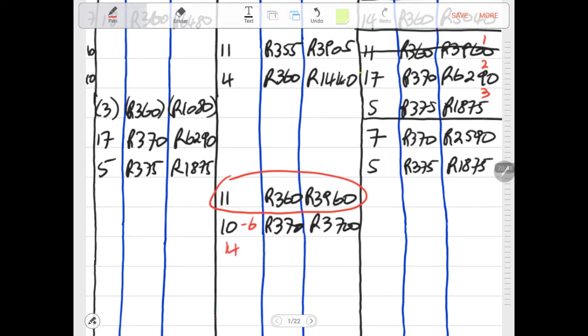So now we always return also in that order, unless it is clearly specified or stated that we returned 4 units from the 11. If they said 4 units from the 11, then you need to make sure that you return from the 11. But if they don't mention that it is from the 11, then you must take from the 10 which was issued last, because that will be the one that they use last and return back to the storage where necessary.